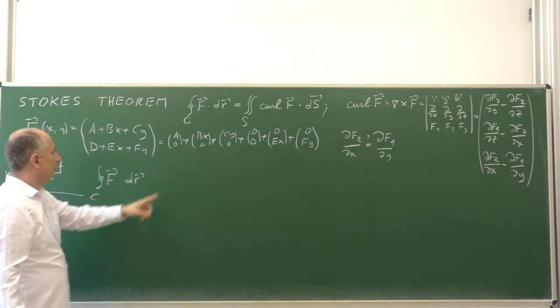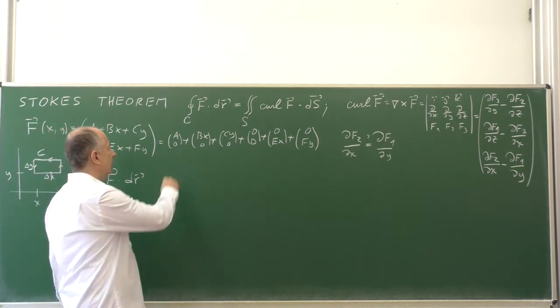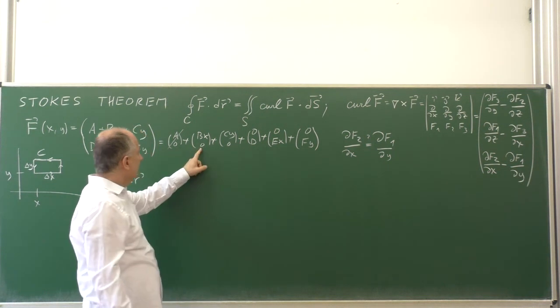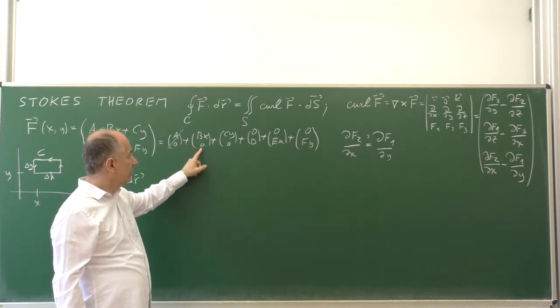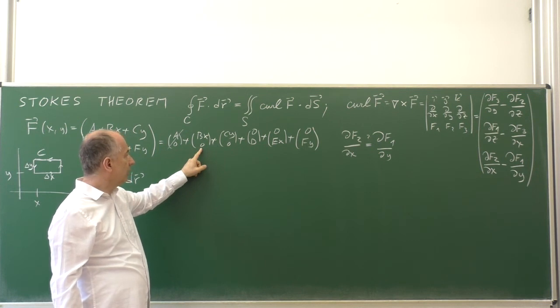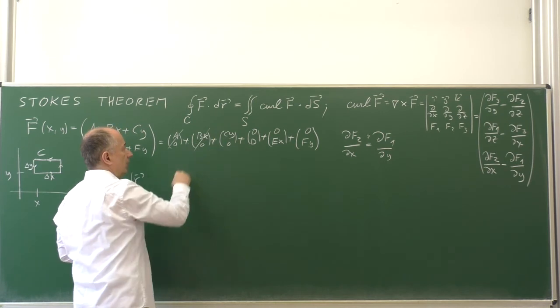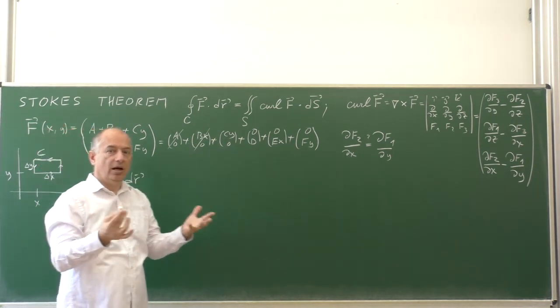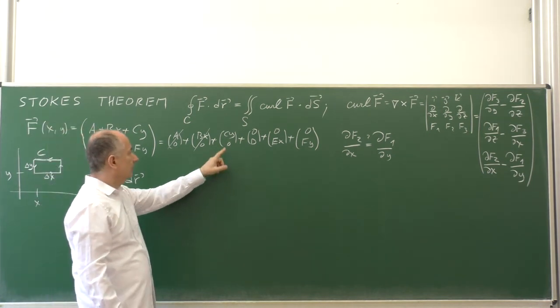So this contribution gives 0 to this integral. You can forget it. This is also 0 because differentiating f1 with respect to x, or with respect to y, gives 0. So this second part gives nothing to the final integral.